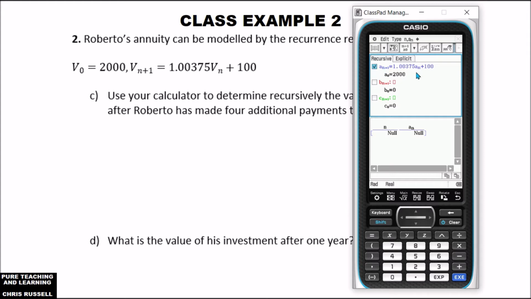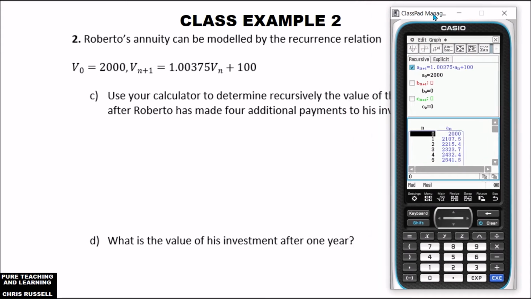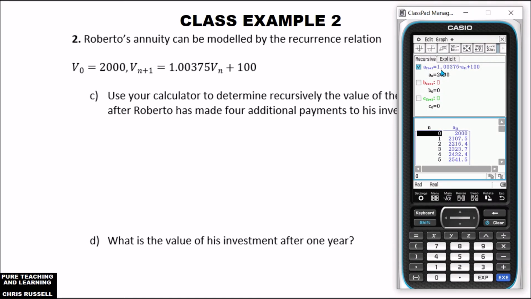We tick the box, and now we go to the table, and now we have all of our payments. You double check 1.00375. It's Vn instead of An. Add 100. And if you want to see the exact value, you can click on the table.